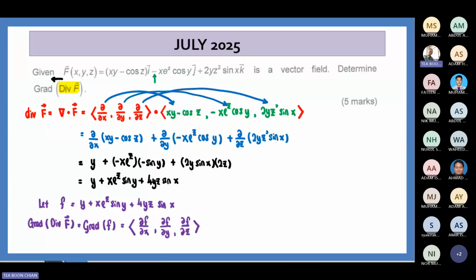So let me continue this on the next blank slide. All right, rewrite again the function so that you can keep track. Just now, the divergence that I computed, y plus x exponent power z sine y plus 4y z sine x. Okay, now computing gradient. Grad f. So first thing first, differentiate with respect to x, this whole part.